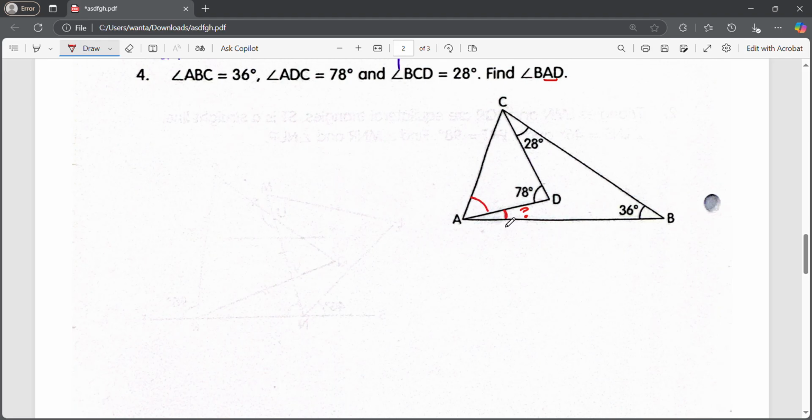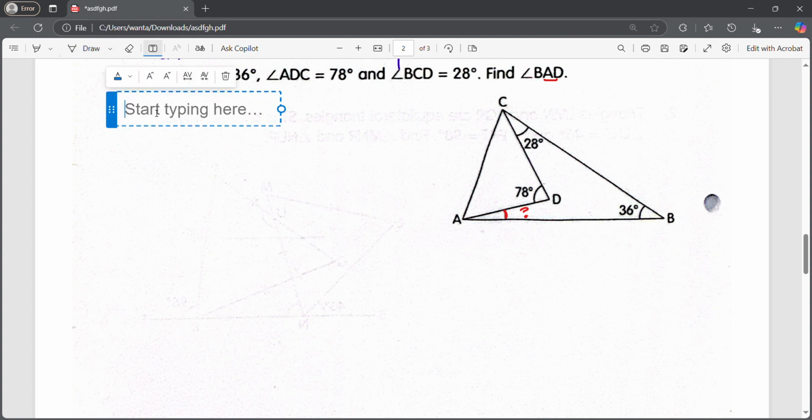But if you notice, there's actually no way to find CAD in this picture. So what can we do? Well, actually, you don't need to know what CAD is equal to. We can look at it like this.